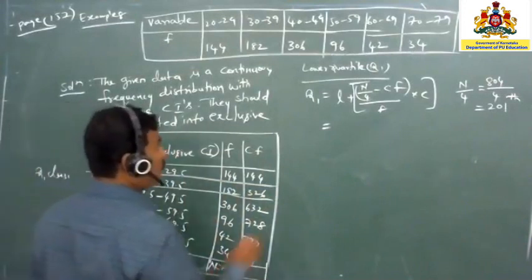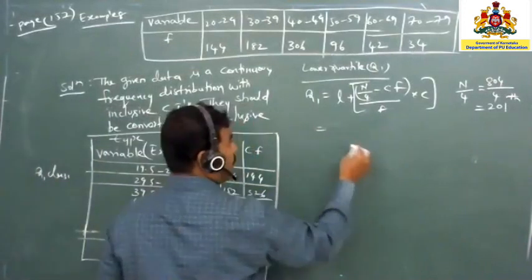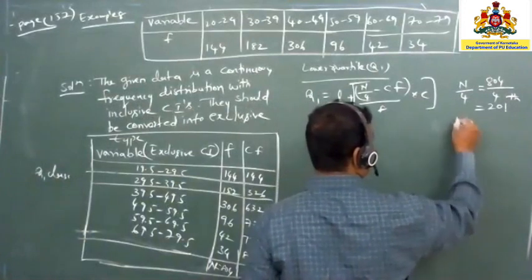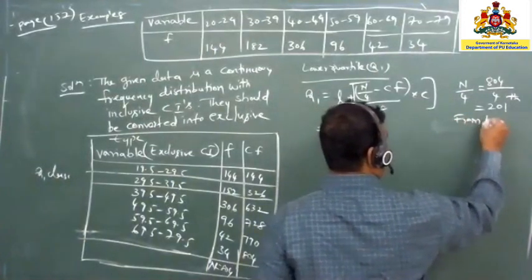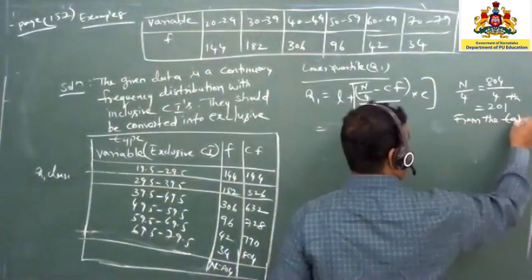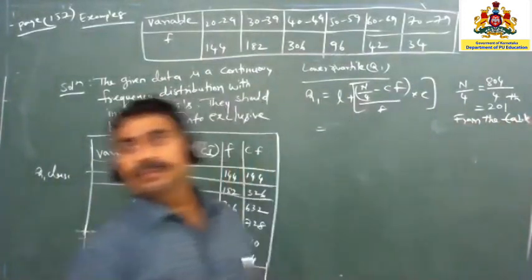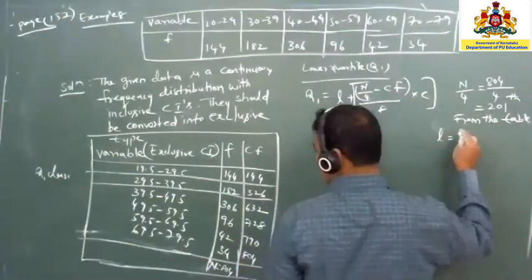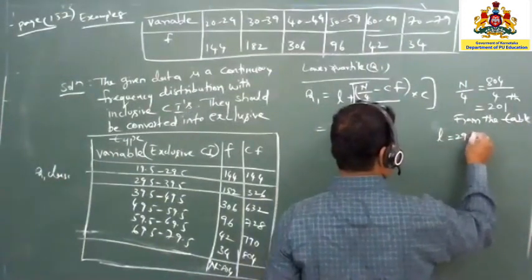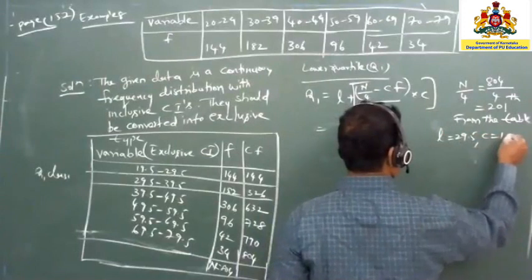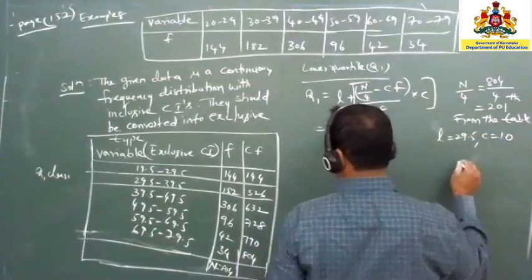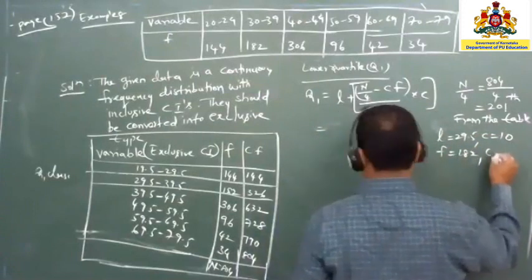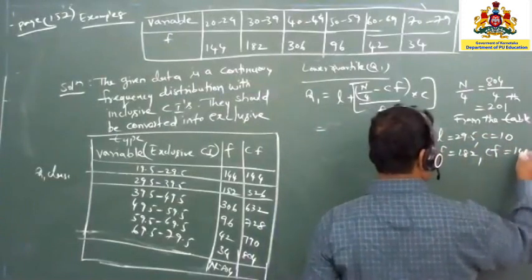From the table, L equals 29.5, C equals 10, F equals 182, CF is 144.